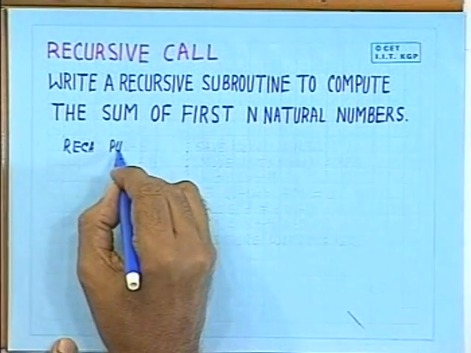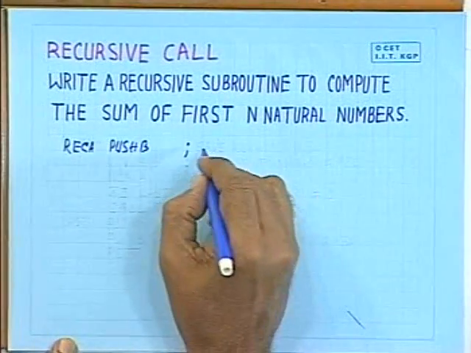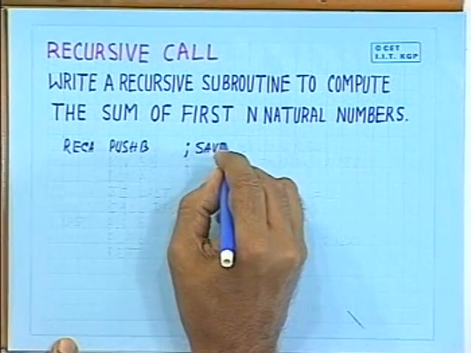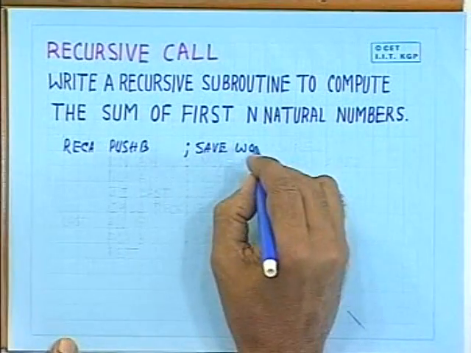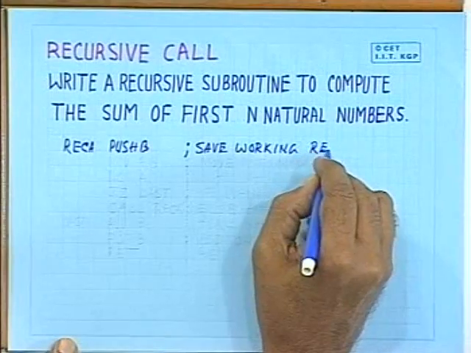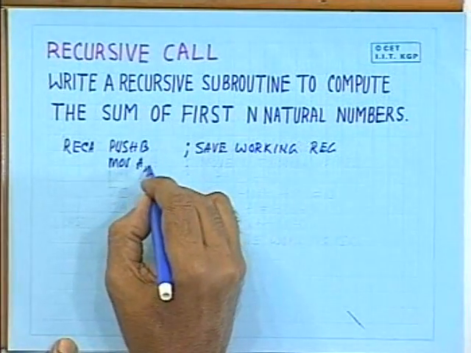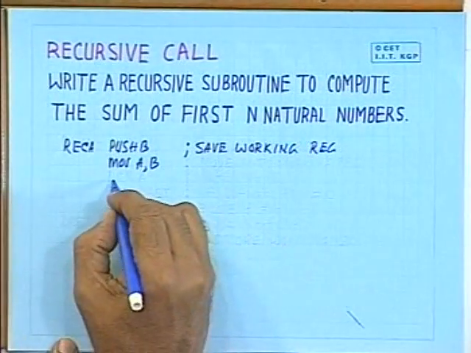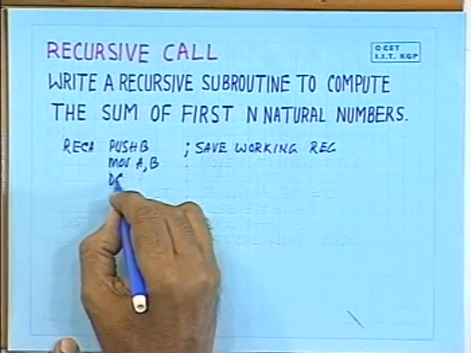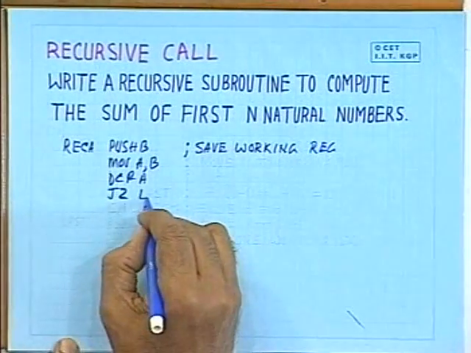So, push B, you are essentially saving the working register. B is the working register. Then move A, B, decrement A, jump 0 last.